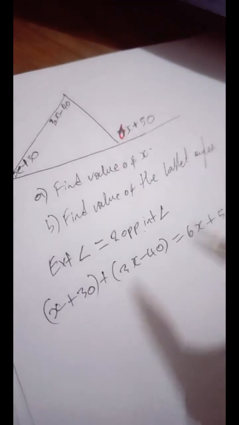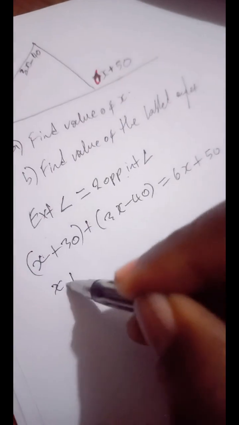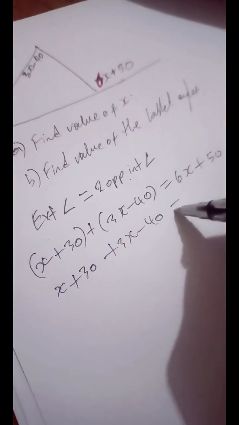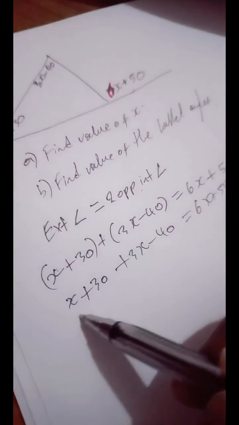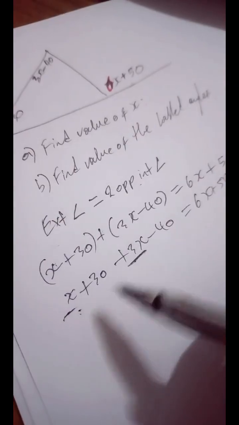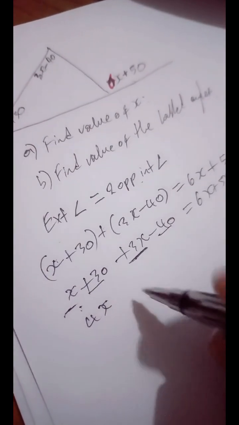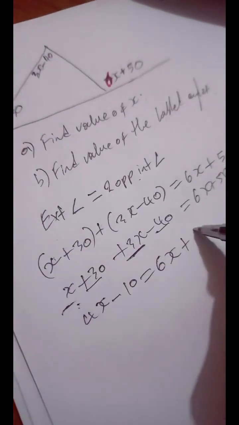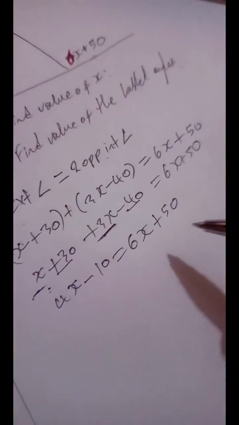From there we are saying x plus 30 plus 3x minus 40 is equal to 6x plus 50. Like terms, you see, 4x. This is 30 minus 40, minus 10, is equal to 6x plus 50.